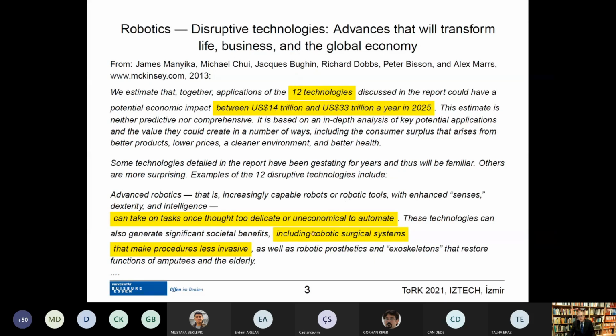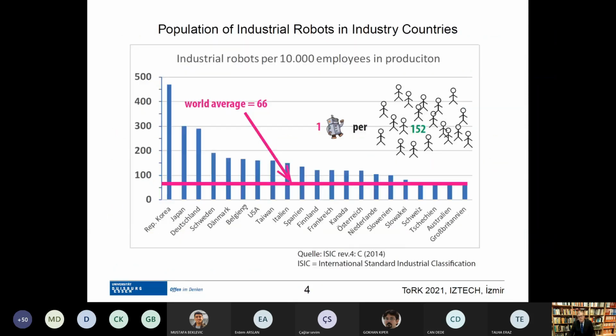Robotic tools with dexterity and intelligence, including robotic surgical systems, and also robot processes and exoskeletons. So all this is at the interface between robots and humans, and we still don't have a big impact right now, but it's expected that this will grow. In my opinion, not so much due to intelligence, but much more due to tactile interfaces.